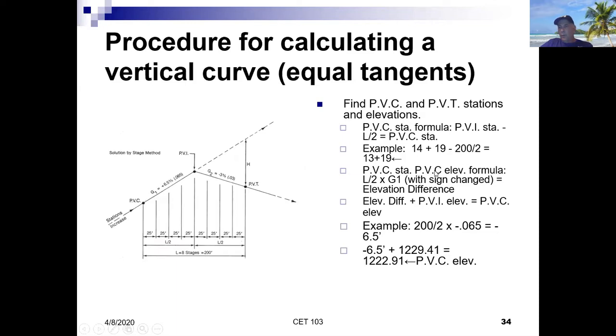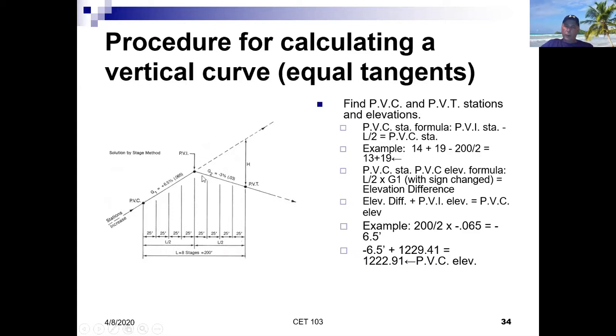So in a vertical curve, one of the things we have to identify is how big our vertical curve is. In this situation, we have what's called a 200-foot vertical curve. What that simply means is that there is 100 feet back horizontally from the PVI and 100 feet ahead forward from the PVI, which defines the PVC and the PVT.